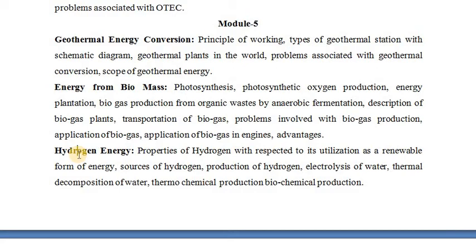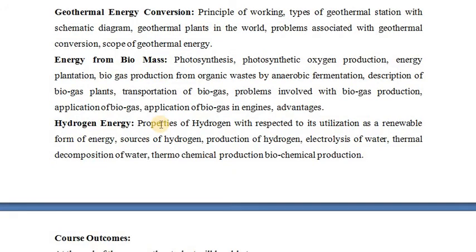So we are going to study in detail how to overcome those difficulties, and hydrogen generation: thermal decomposition of water, thermochemical production, biochemical production. This is the fifth module. It is a very informative course, and you will gain a lot of knowledge about the different energy sources in nature.